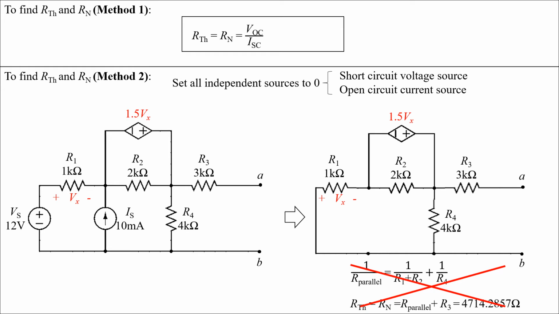However, when there is a dependent source, for example in this circuit, there is a dependent source 1.5 Vx, we cannot set this equal to 0 because it is dependent on the circuit variables. In this case, this 1.5 Vx dependent source is dependent on the voltage of R1. We can set the independent source equal to 0, but not the dependent source.